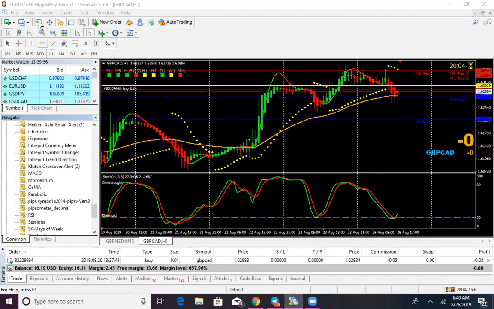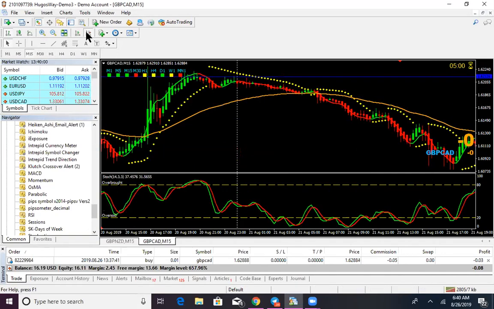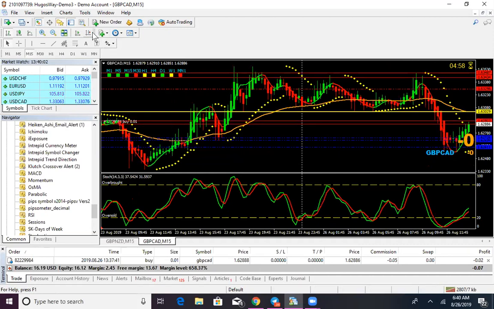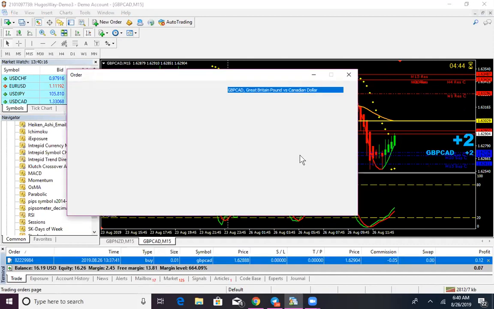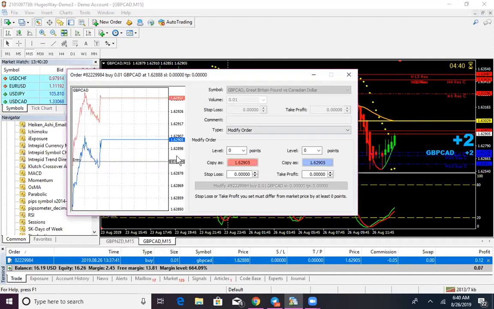So on a 15-minute time frame, let's see here. I'm gonna set a take profit and put it a couple bits below. So 1.63019.